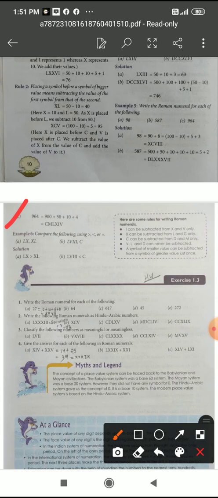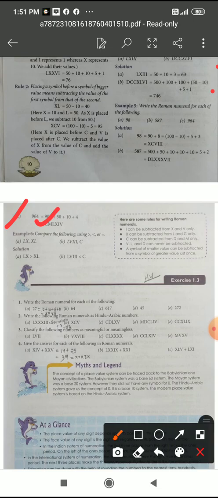So how do we get 900? 900 means 1000 minus how much? Yes, 100. So it would be M C, but here we just write alternate, C M. Here we write just alternate C M.